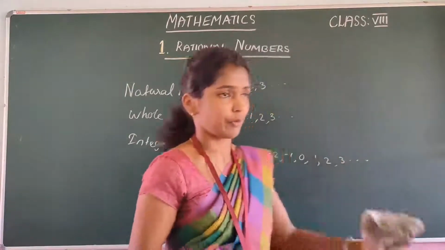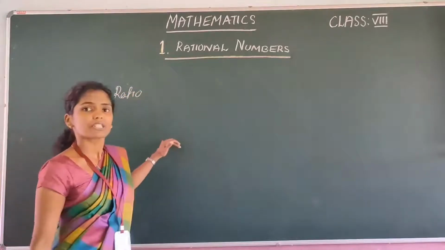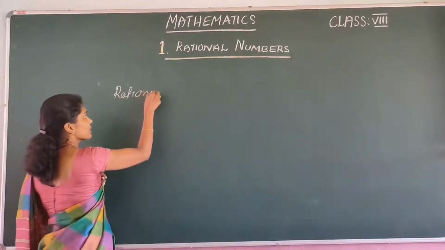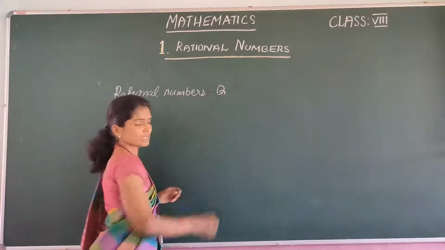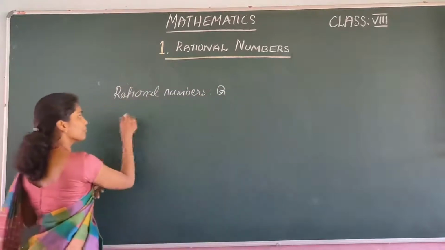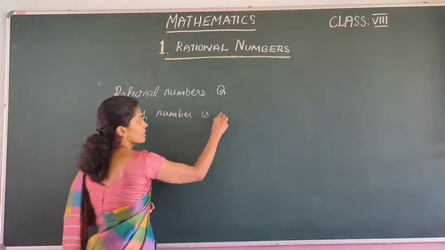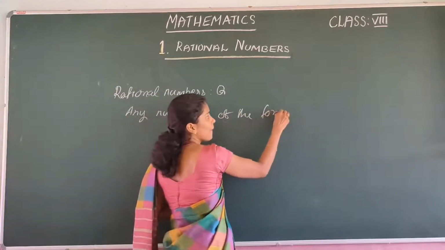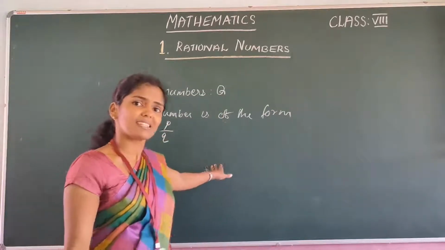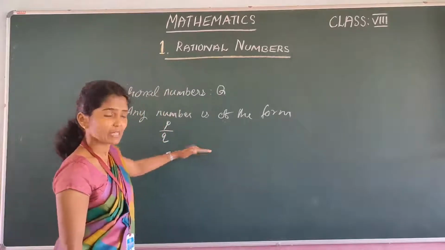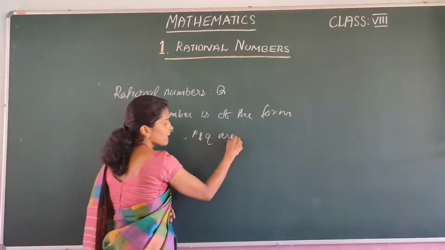There is a definition for that. We represent rational numbers using capital Q. A definition: any number of the form P by Q, where P and Q are integers.